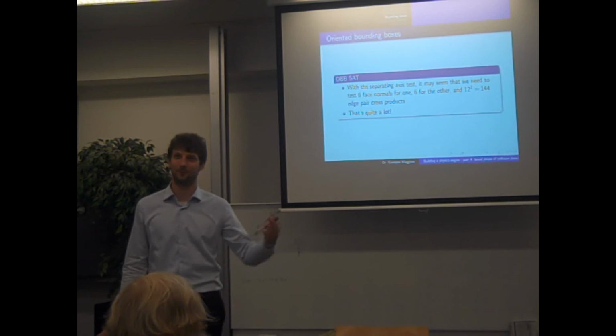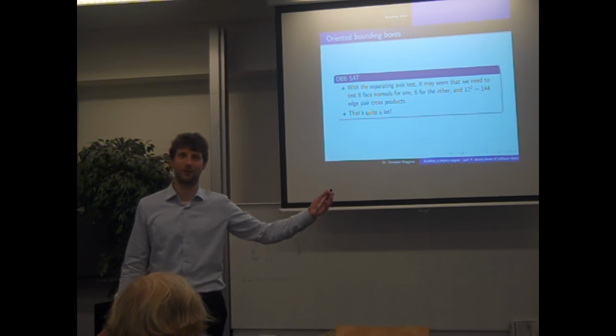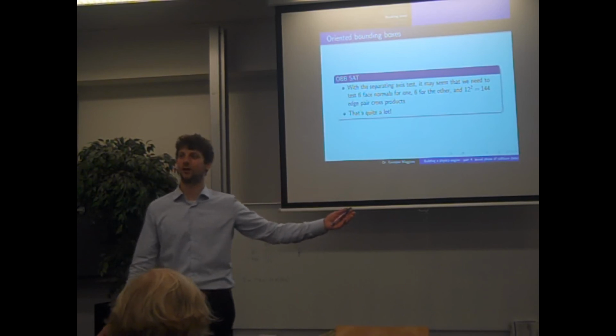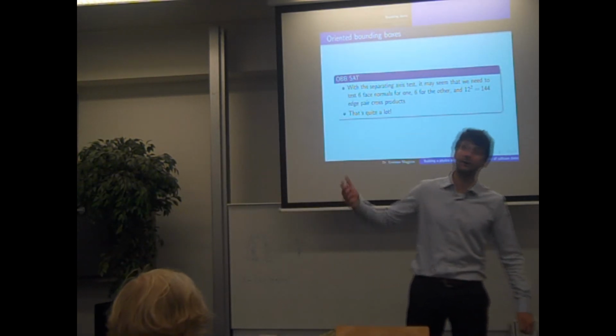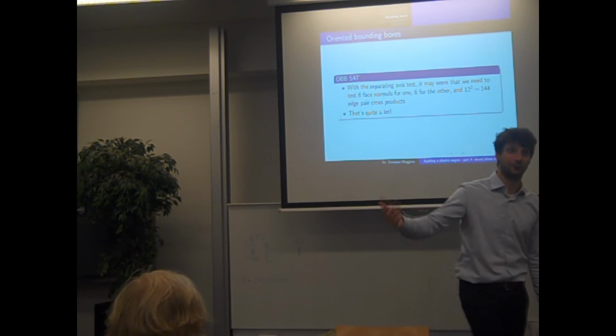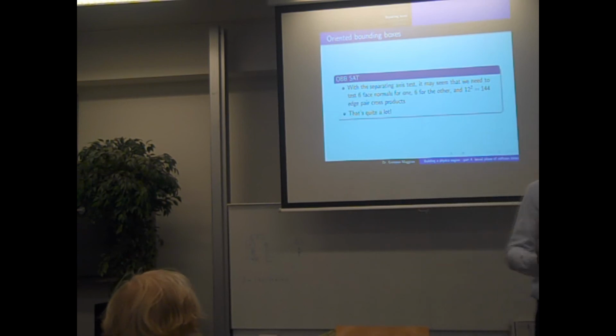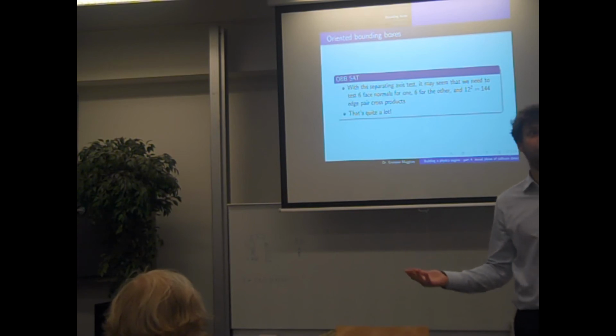In SAT, we take every normal of every face of one body and we check against the vertices of the other one. Then we take every normal of the other body and we use that as a possible separating direction. Then we take every pair of edges, right? And we do the cross product between the pair of edges and we use that as a separating test.